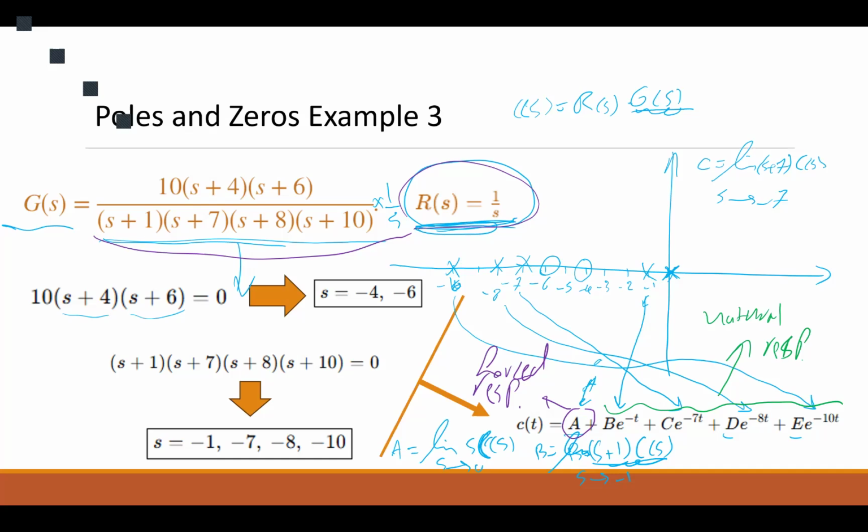Now, what is the transient state? It means t bigger than zero all the way to infinity. That's going to be the transient state. Now, which of these terms, A, B, C, D, E, times their own exponentials, would participate in the transient?